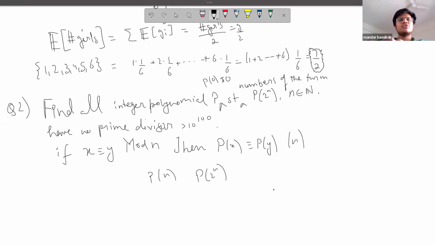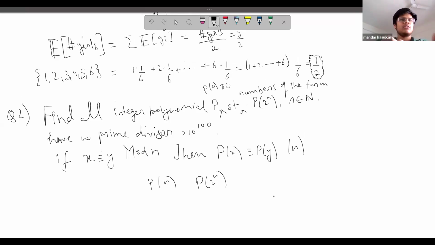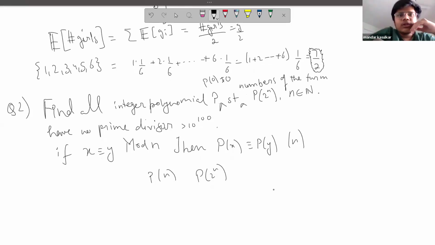Just to check if I'm not making some mistake, I'll look up the exact problem as well. Wait, Aritra, how do you intend to use Dirichlet over here? Okay, let me check this. Find all non-constant polynomials such that.